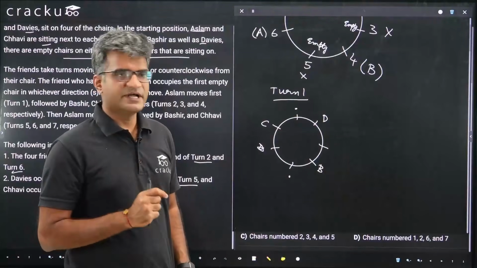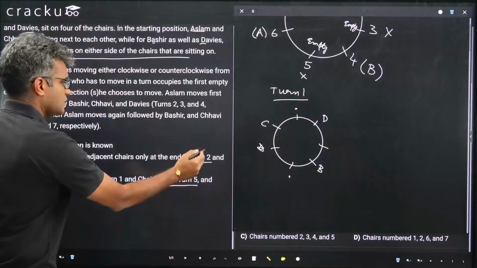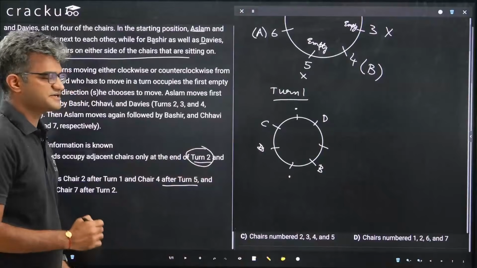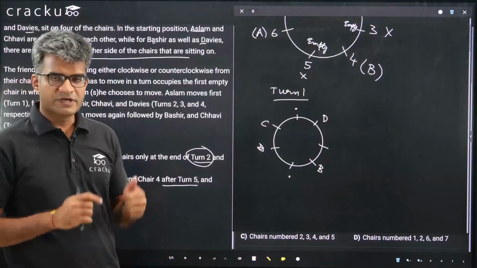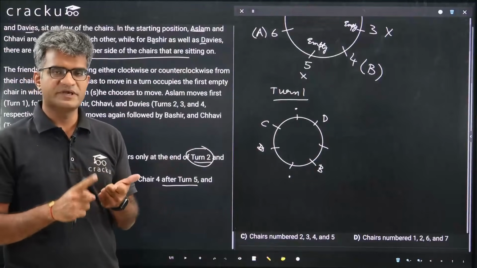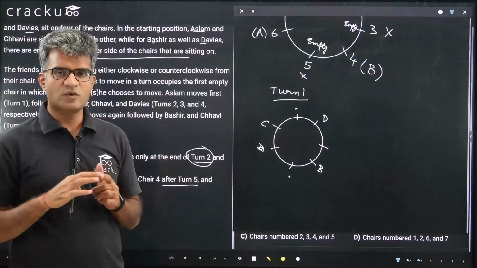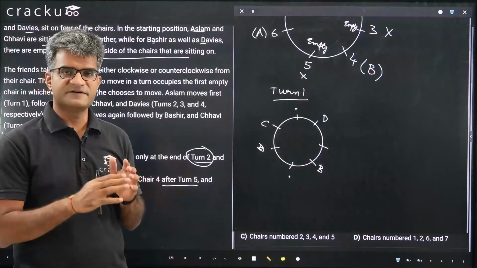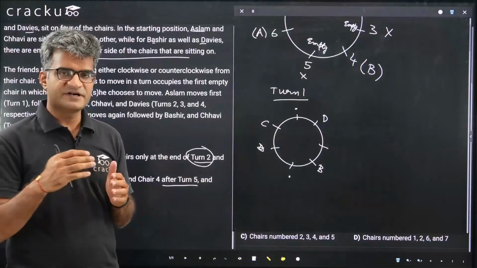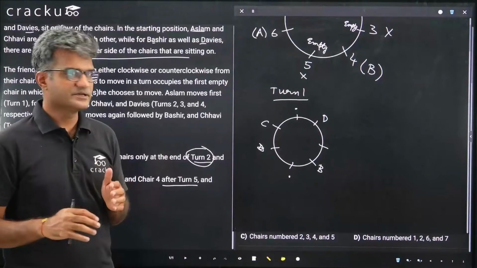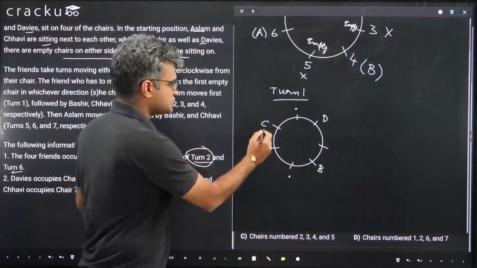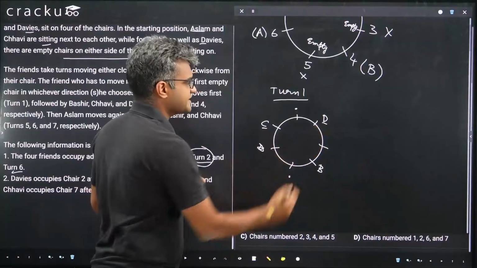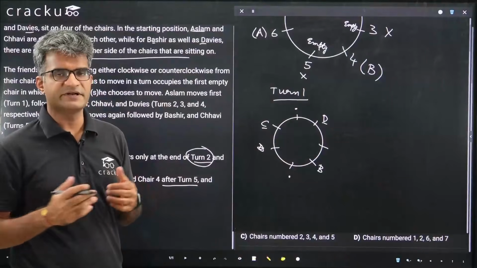But we know that at the end of turn 2, all of them are sitting adjacent to each other. Now turn 1 A moves, turn 2 B moves. C and D don't move after the first and the second turn. So if after turn 2 all of them are sitting together, at the end of turn 2 also C will be sitting here, D will be sitting here, because they haven't gotten their turn yet.